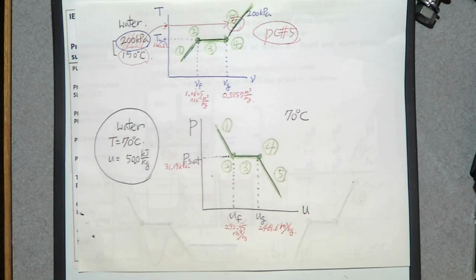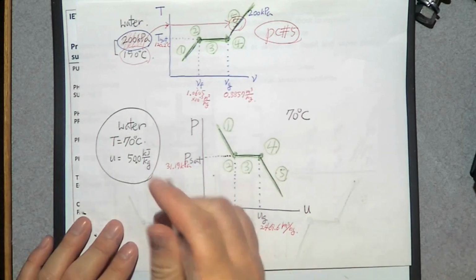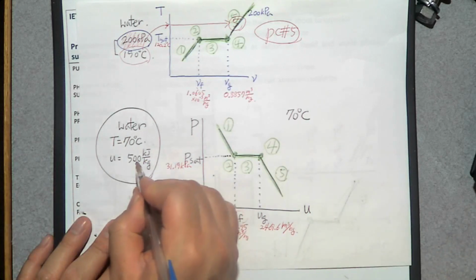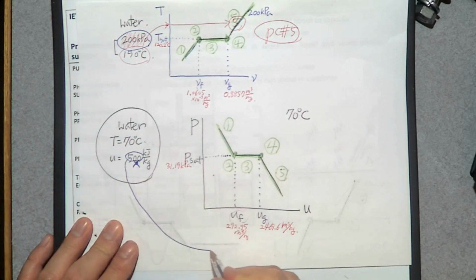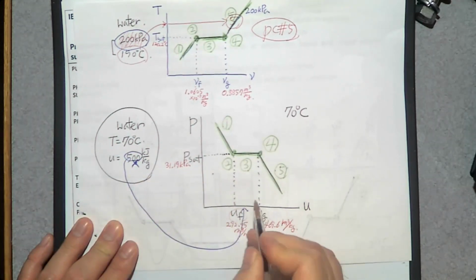Where is U? This horizontal axis is U. So where is 500? UF is only 292. UG is 2400. So 500 should be between these 2 numbers. So this 500 is somewhere between UF and UG.